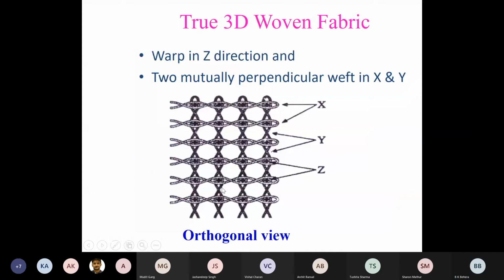Okay. And this is another fabric which we discussed last class, 3D woven fabric by dual shedding, if you recall. So this is a 2-weft 1-warp weaving system. So all warp in the Z plane. Here all the dots you can see are warp in this structure.